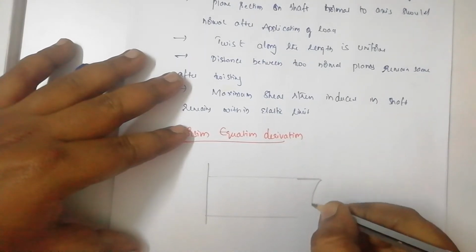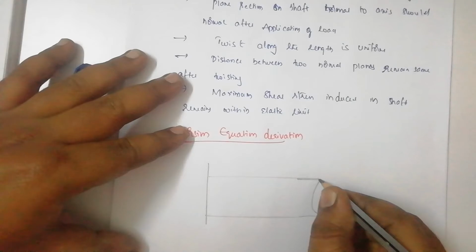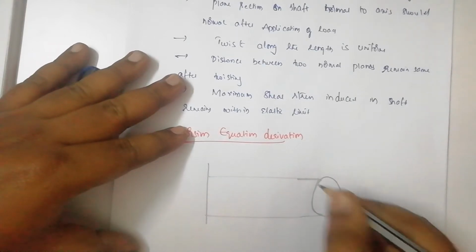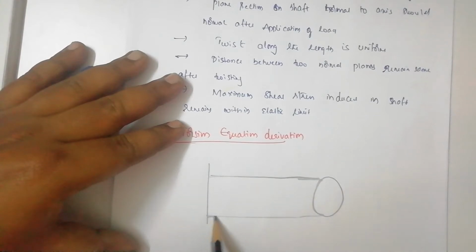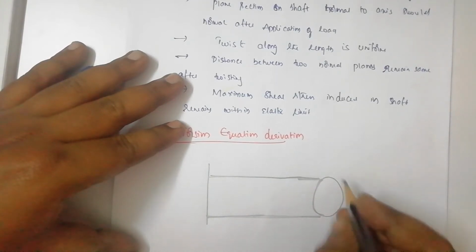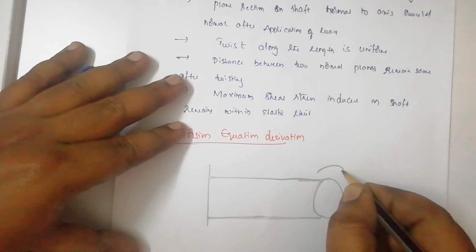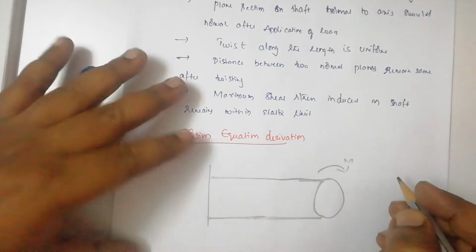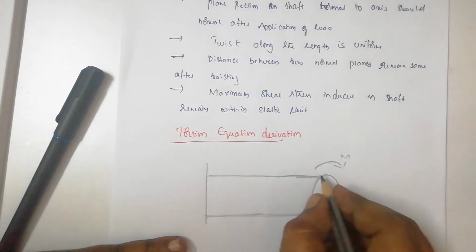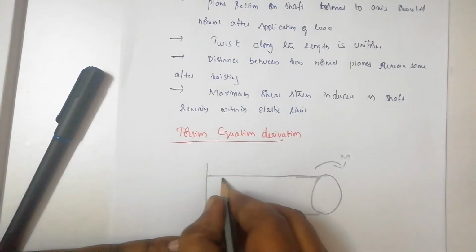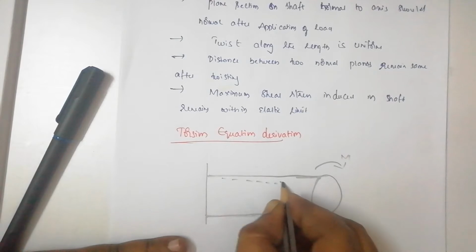When you apply a moment on this circular shaft, either clockwise or anti-clockwise, I am considering the clockwise direction here. Because of that, this side will get twisted.